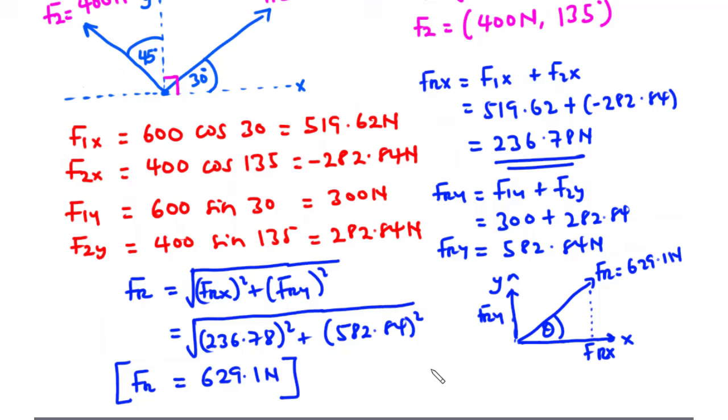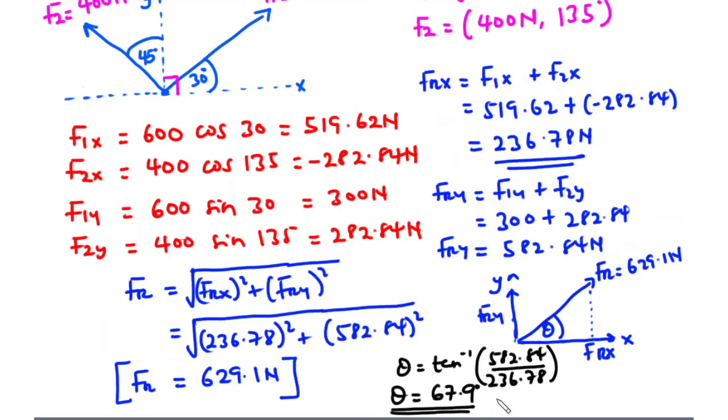Theta is equal to tan inverse of Fry over Frx. So we have Fry to be 582.84, and Frx to be 236.78. So tan inverse of this whole thing is equal to 67.9 degrees. So we have our theta to be 67.9 degrees.